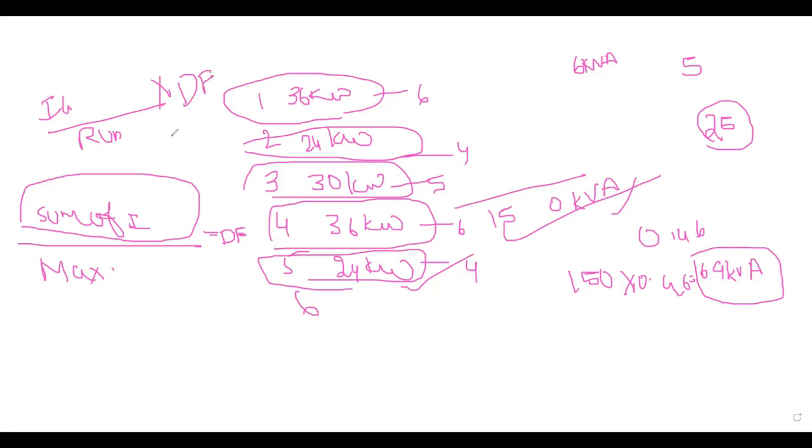So I have seen that the running load is this, and I multiply with this, so I get the installed load, depending upon the diversity factor. On this diversity factor, they will size the transformer or DG set in those apartments. If you design for the maximum load, it gives you a higher design of the transformer.